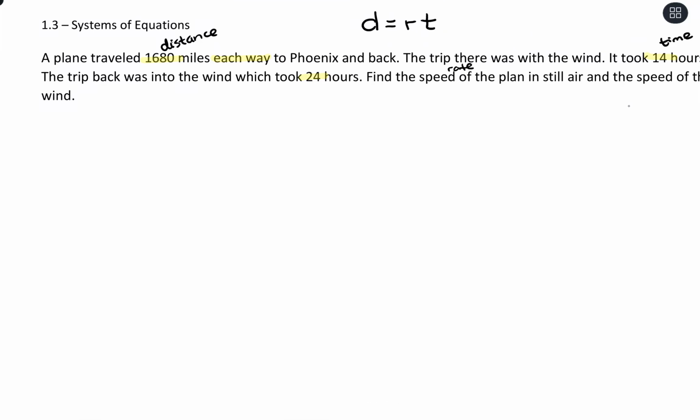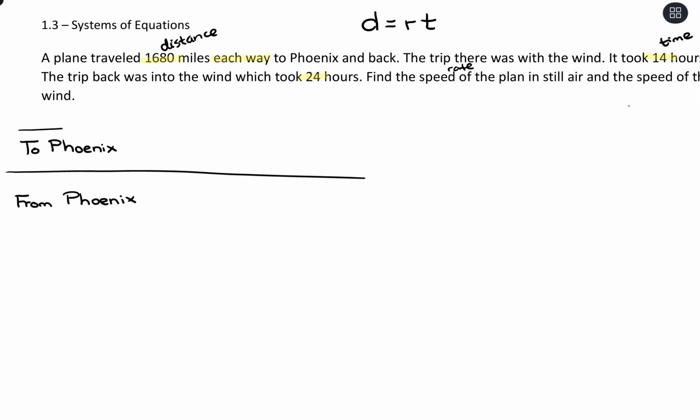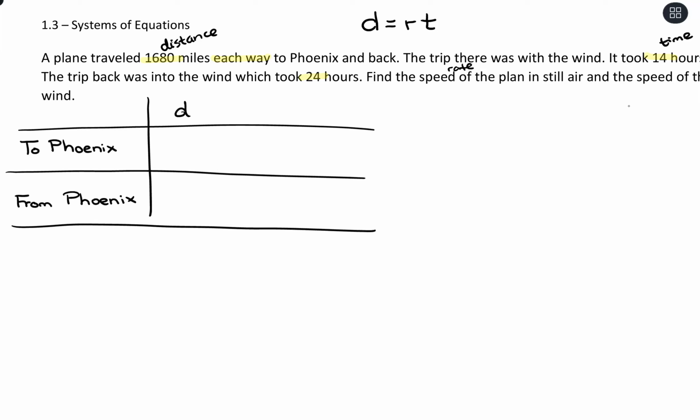We're going to do the trip to Phoenix and the trip from Phoenix, and make a table so that we can describe distance, rate, and time for each of those scenarios. And then we'll see how this comes together.